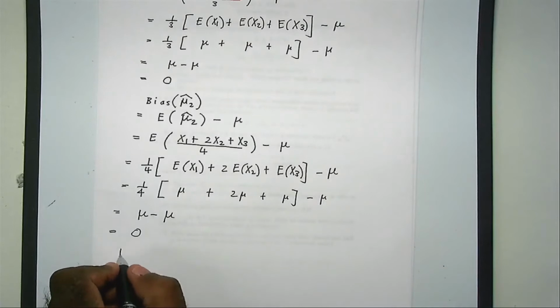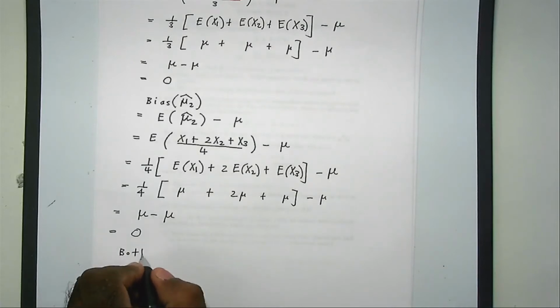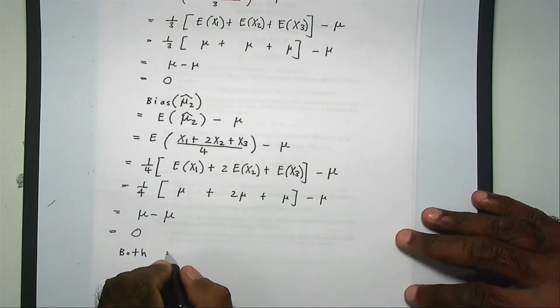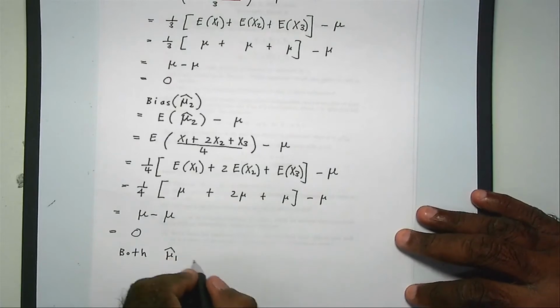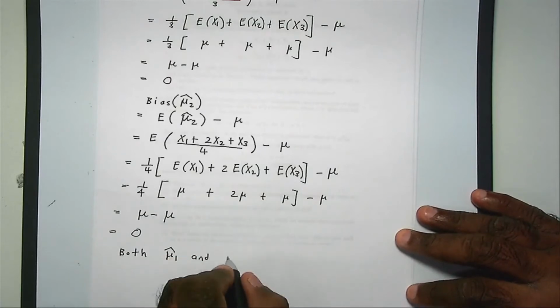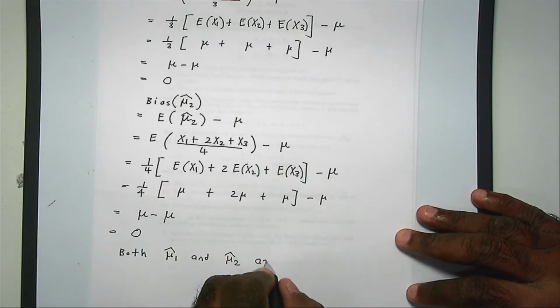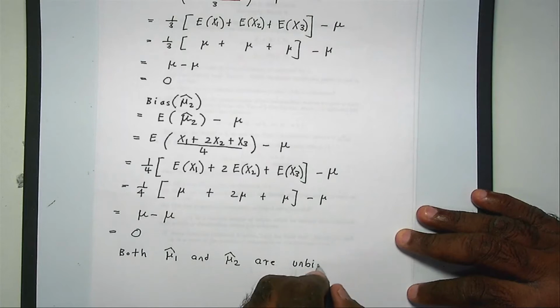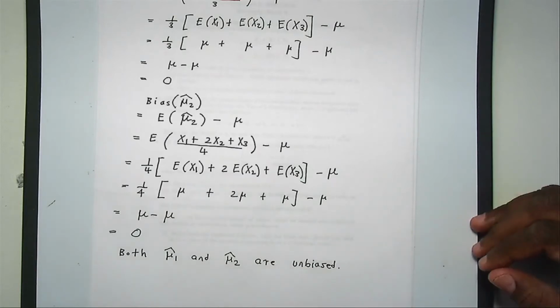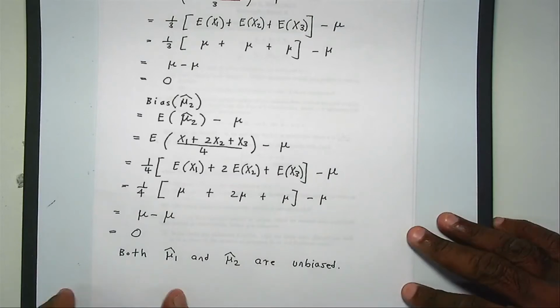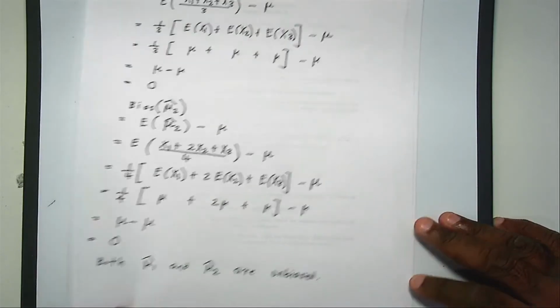So both estimators are unbiased, right? So that's the first part of question 1.